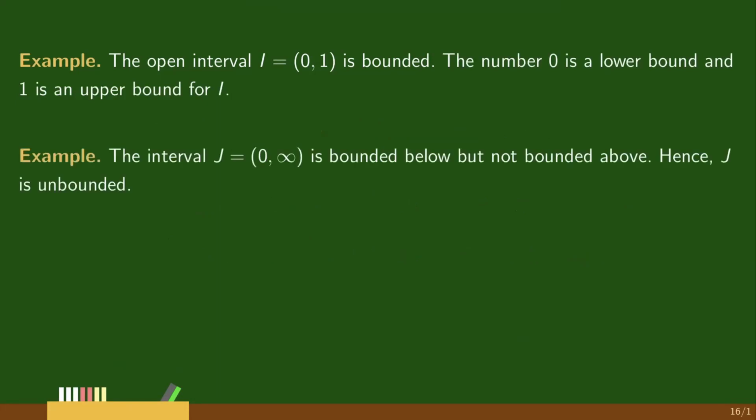On the other hand, the interval J from 0 to infinity is bounded below but not above. You know that very well, because the interval from 0 to infinity is represented by this. Now, 0 to infinity will basically include all numbers greater than, or to the right of, 0.